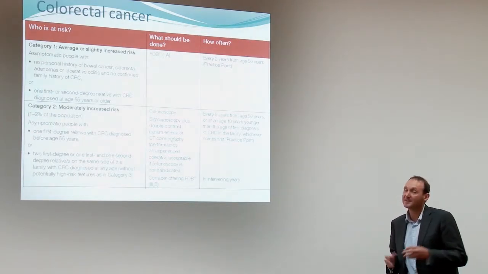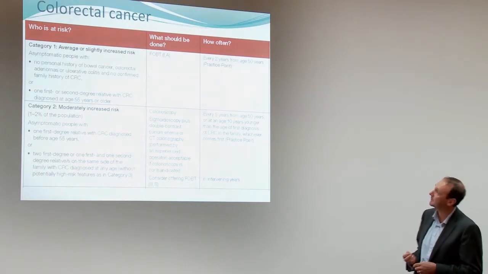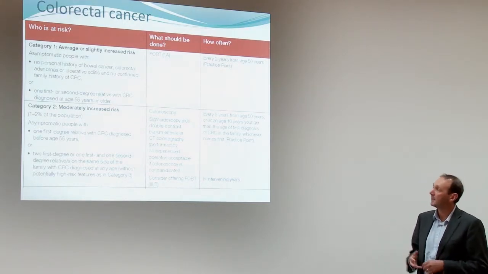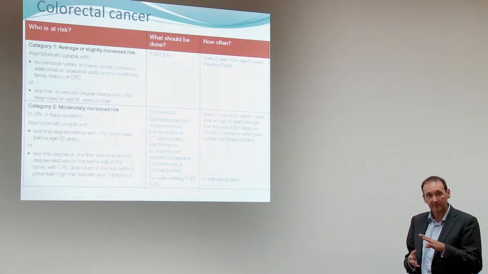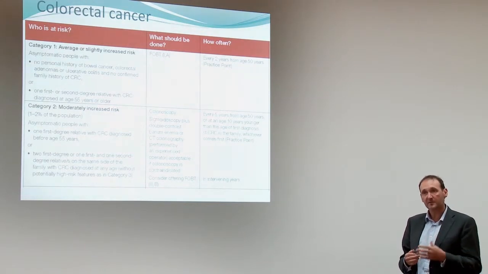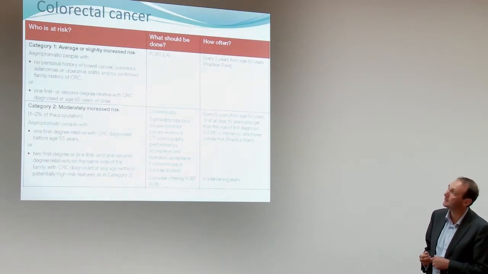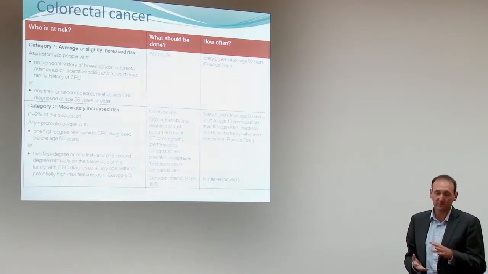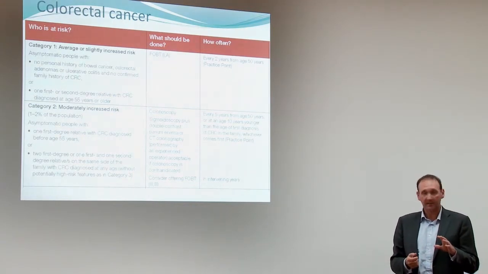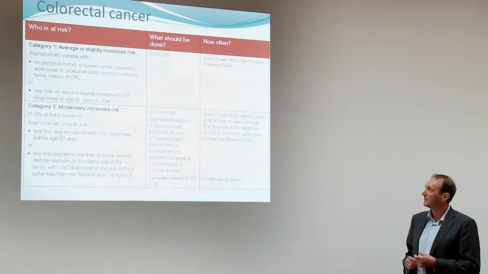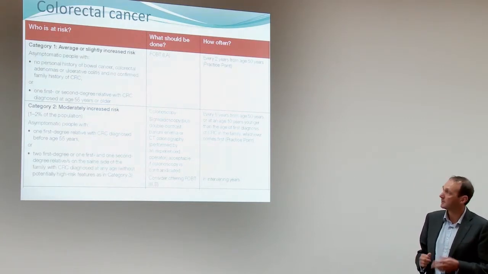Colorectal, in a way, is much easier to talk about than prostate cancer. We have very clear guidelines about different categories of risk, and again, this is the reason for taking a more detailed family history, because we need to distinguish those who are moderately increased and those who are at high risk, because the screening guidance is different.